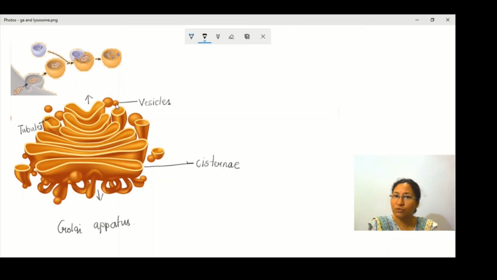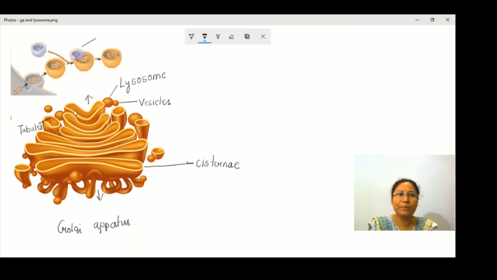And only those vesicles which carry the digestive enzymes, the hydrolytic enzymes, will be called lysosomes. Certain vesicles will also carry the final products which are formed and will act like storage organs.